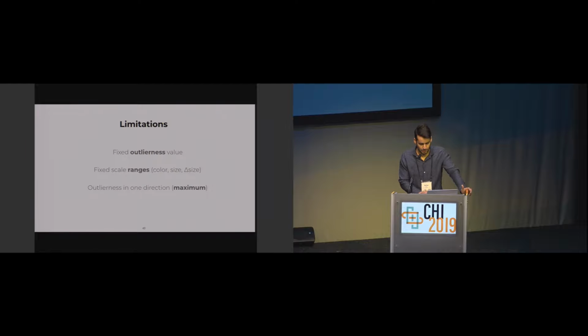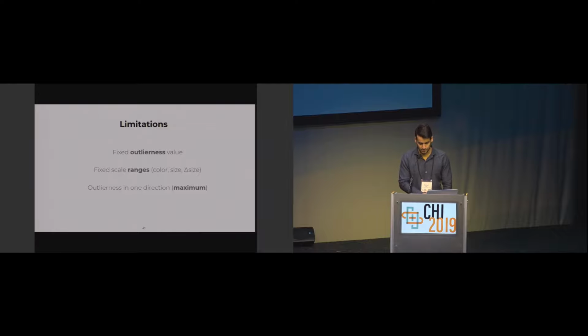So it's important to point out the limitations of this experiment. So first, we had a fixed value for outlierness. It's quite plausible that beyond a certain level of outlierness, there's probably no saliency deficit. Second, our scale ranges were informed by common practice. So you can see, for example, that we used the Viridis color map.